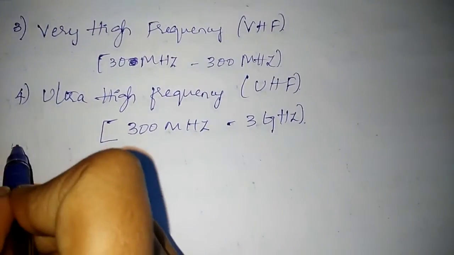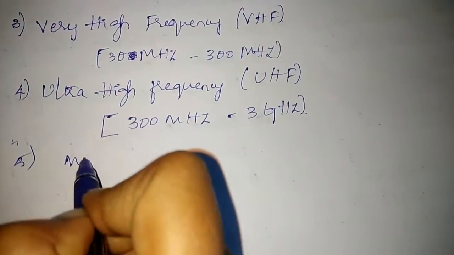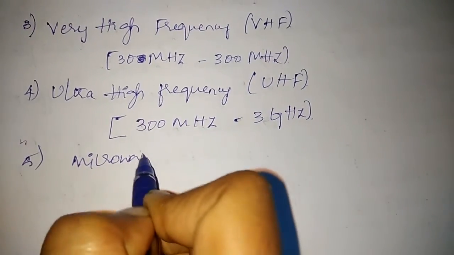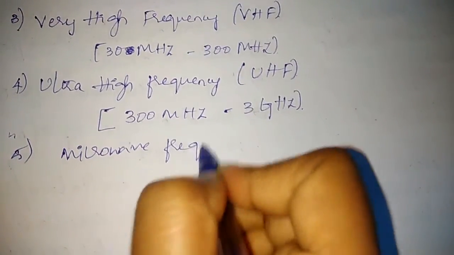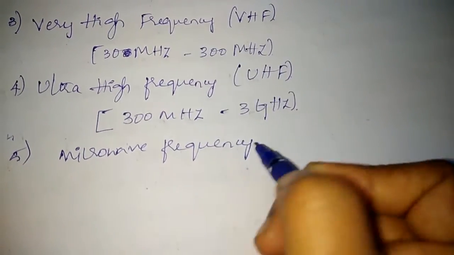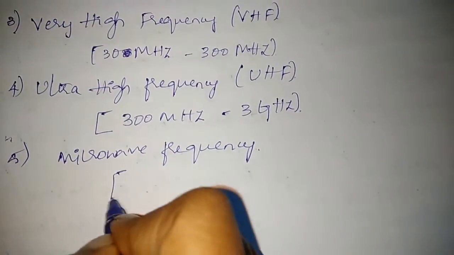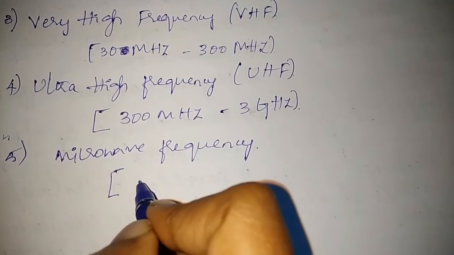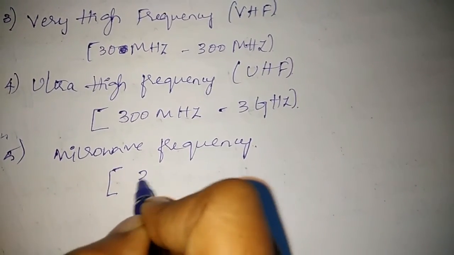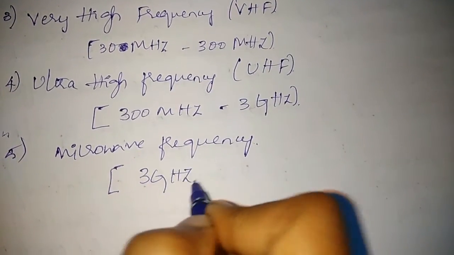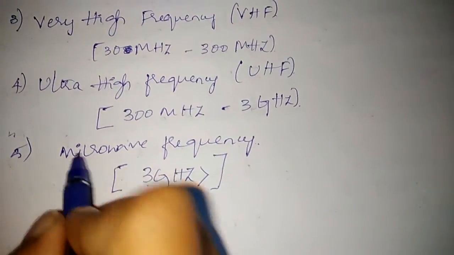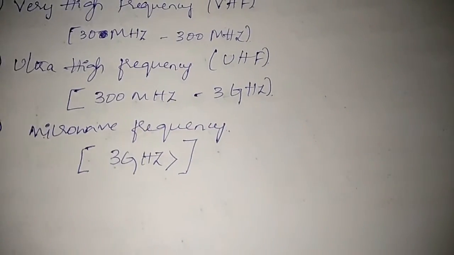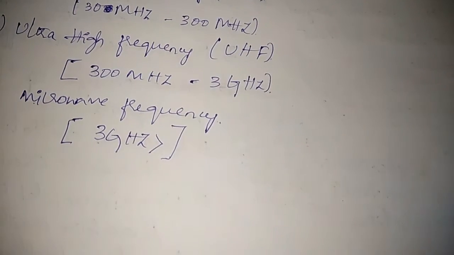Next we have microwave frequencies. This is greater than 3 gigahertz. All the frequencies greater than 3 gigahertz come under the microwave frequency range.